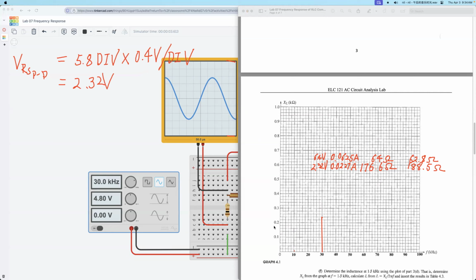Okay, so let me go to 176 first. Okay, almost this position. Okay, so this is the 176. 10 kilohertz is 64. Okay. So from here, oh, this is not good. Let me still use a line.